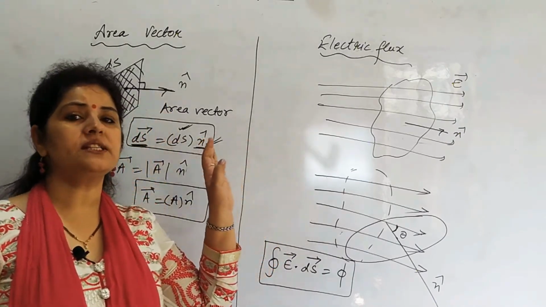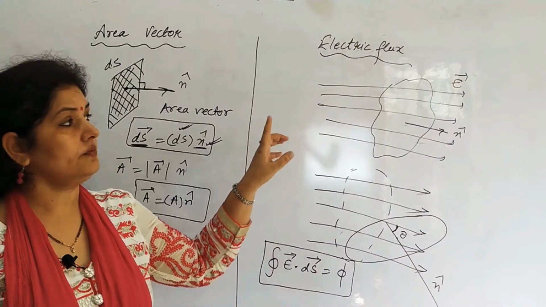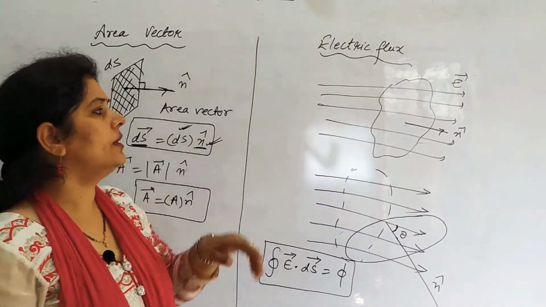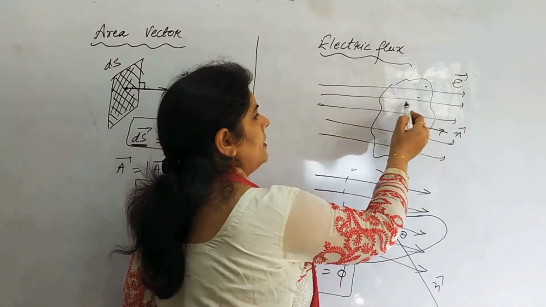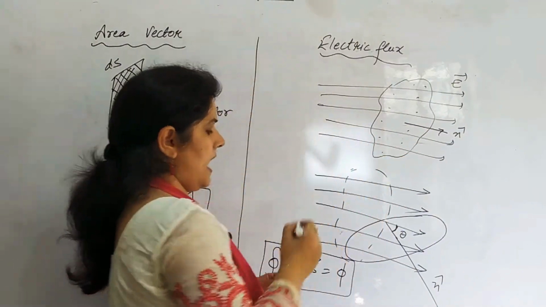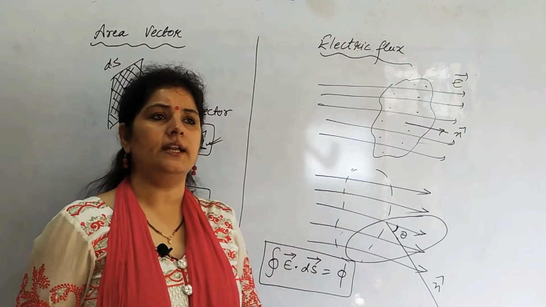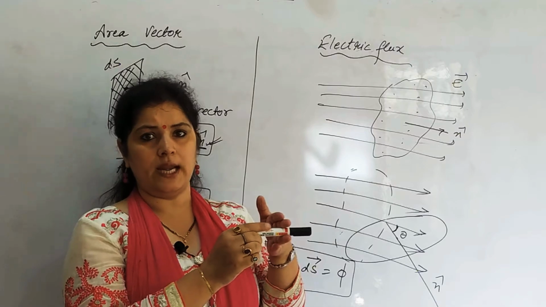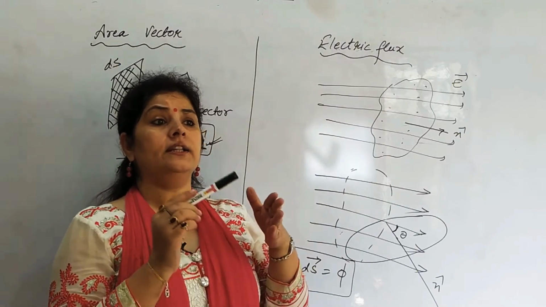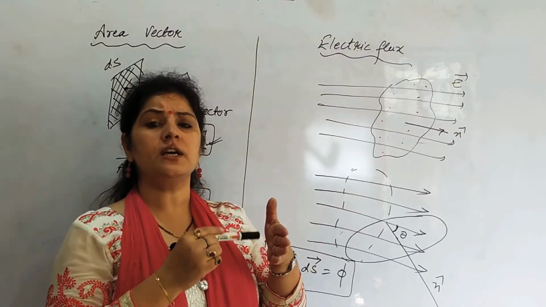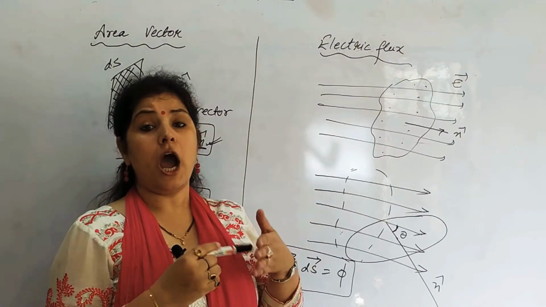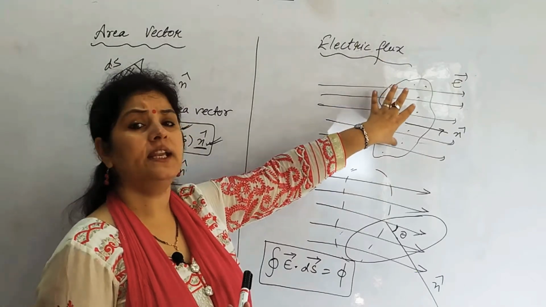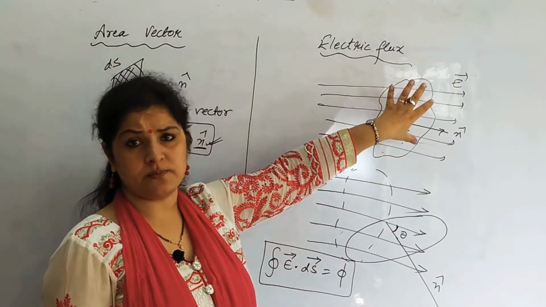Proceeding, the next topic is electric flux. Say suppose we have taken a particular area, this is a particular area dotted, and in this particular area I say that suppose 100 field lines are passing, right? Then we say that the number of field lines crossing a given area. How do we find it? What is the quantity by which we measure how many field lines are passing through this area?